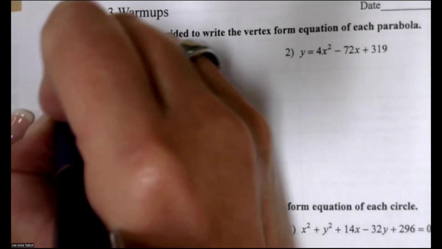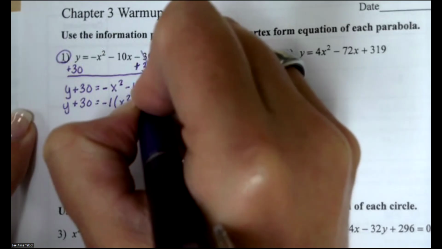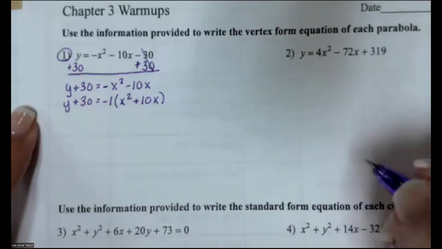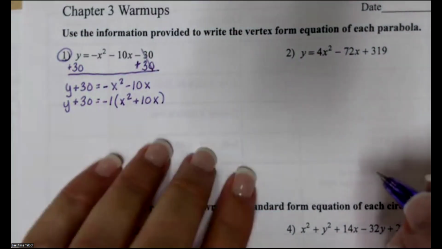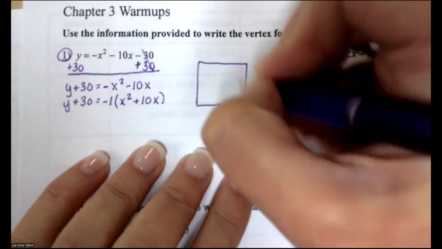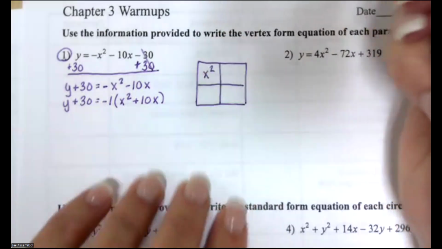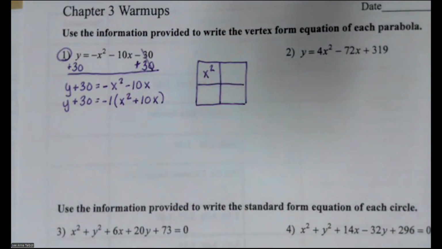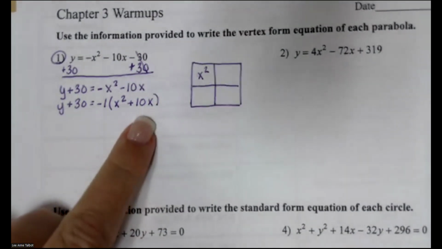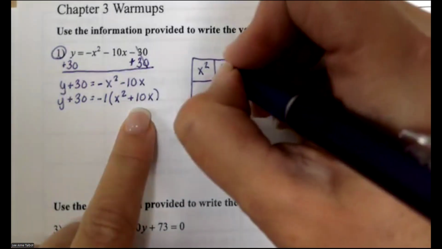Beautiful. Okay, now I have 10 X tiles. That breaks into 2 equal piles of 5.